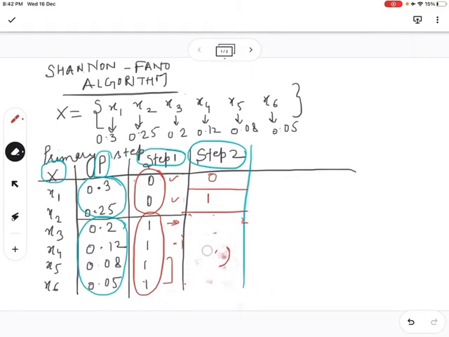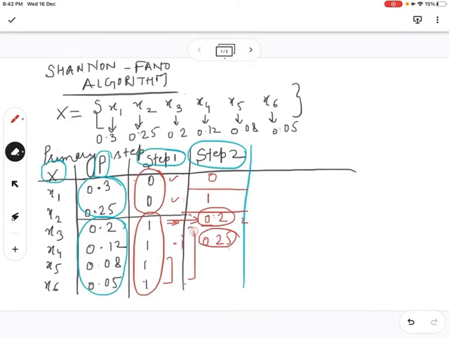So what I'm going to do, for this probability, this is 0.2, and if I add these three probabilities, this is 0.2 and 0.05, so this is 0.25. Now in this case, this probability is 0.2 and this is 0.25, so this is going to work.